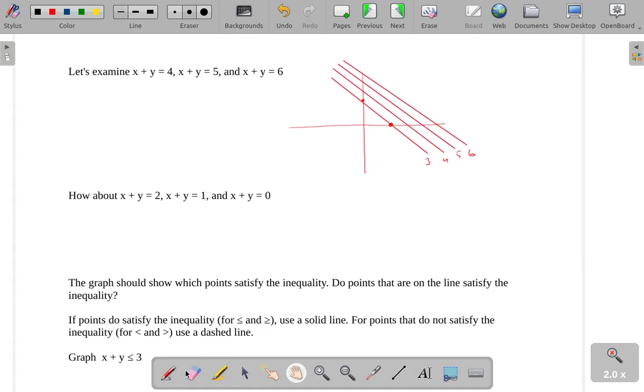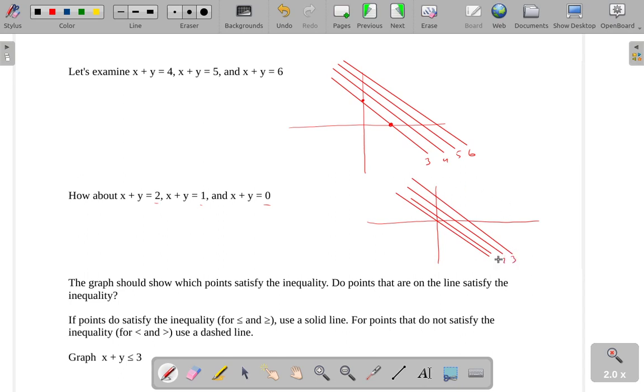If we went the other way and look to see what happens with x plus y equals 2, 1, or 0, I'll start off with x plus y equals 3 again. X plus y equals 2 would be something like this, x plus y equals 1 would be over here, and x plus y equals 0 would go right through the origin. Well, it's not the most accurate graph, but the point is hopefully still expressed.